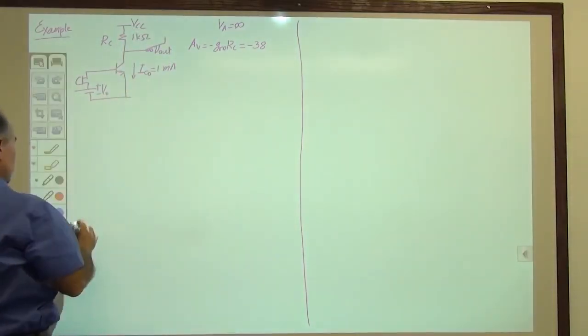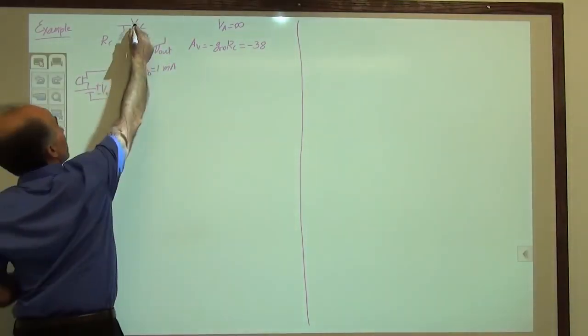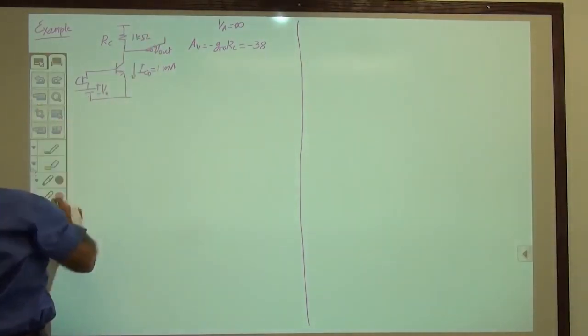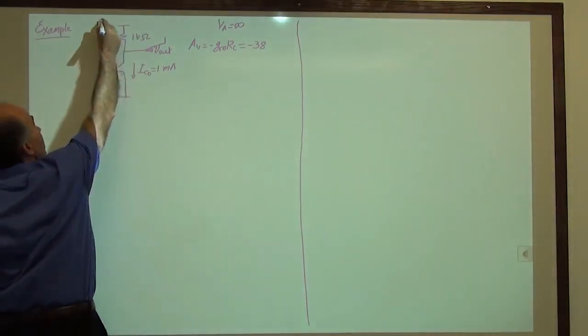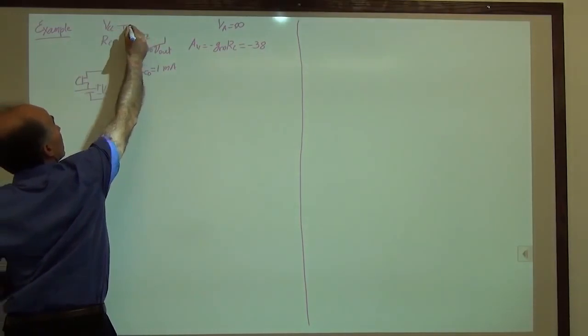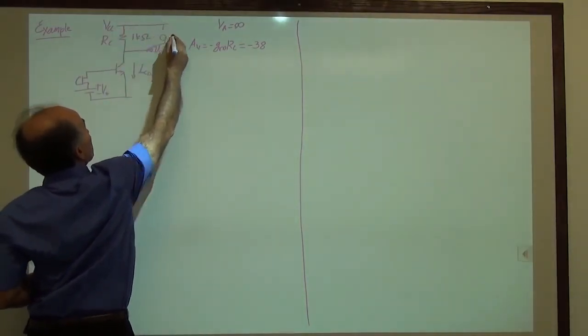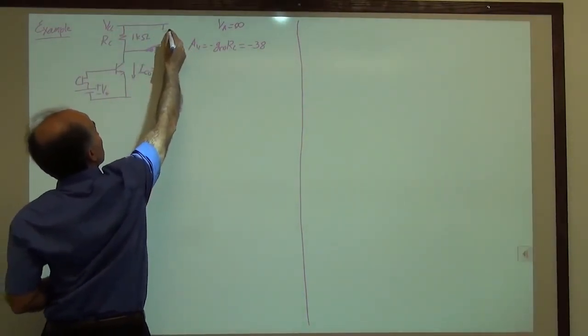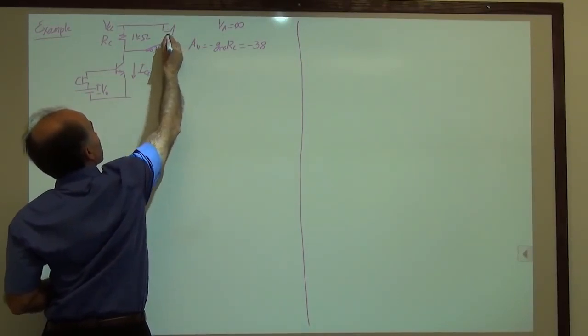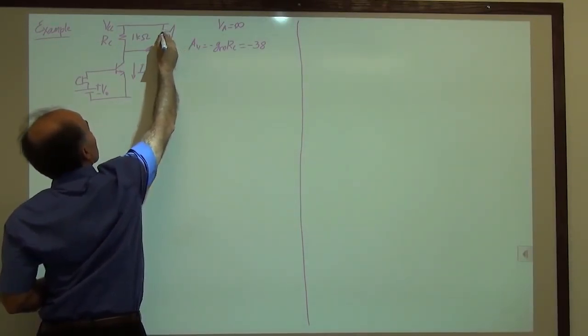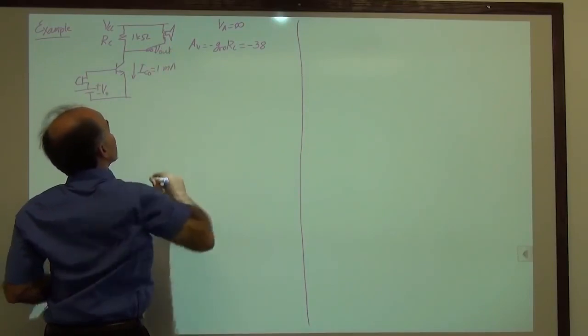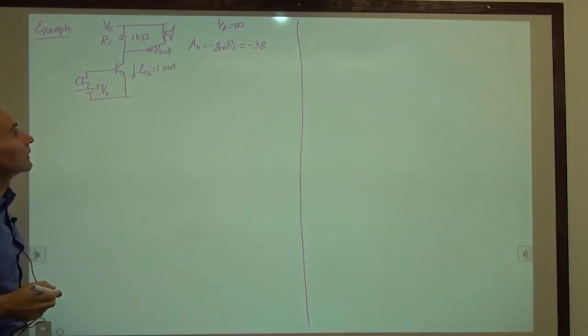So let me do this a little better. So we'll put VCC on this side, and we connect our speaker between these two. The speaker sometimes is shown by this symbol. So here's our speaker. Okay.